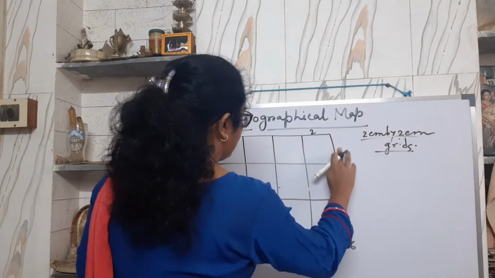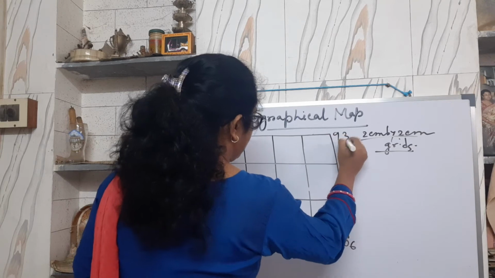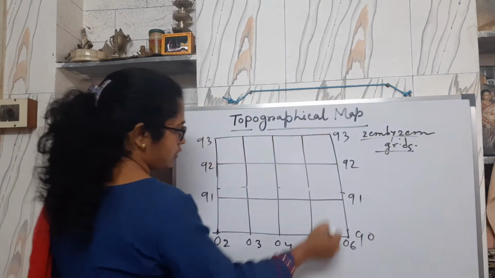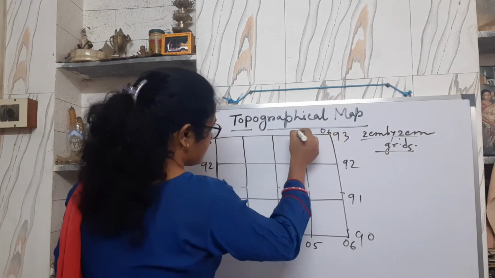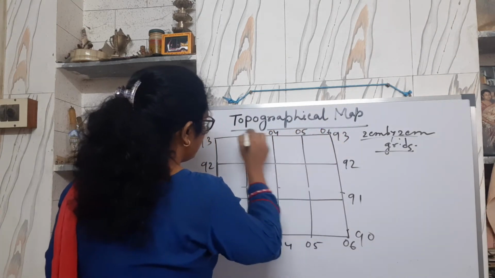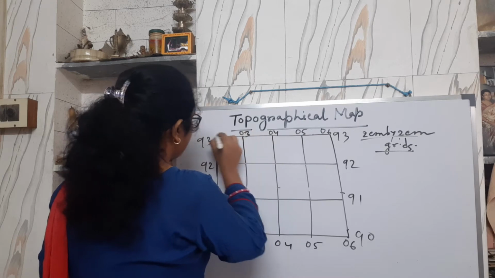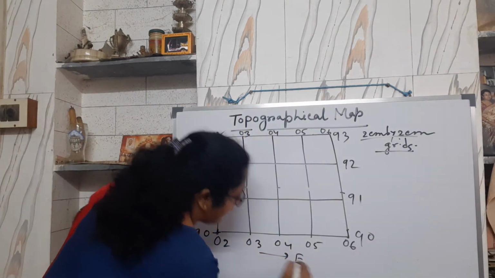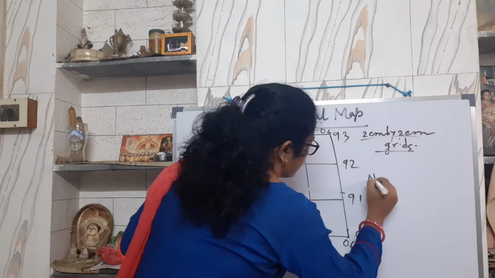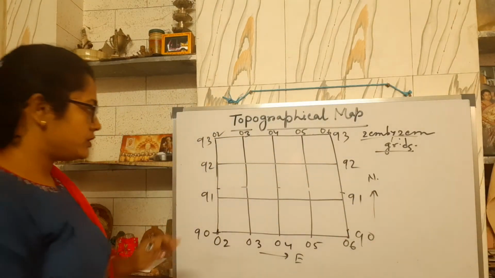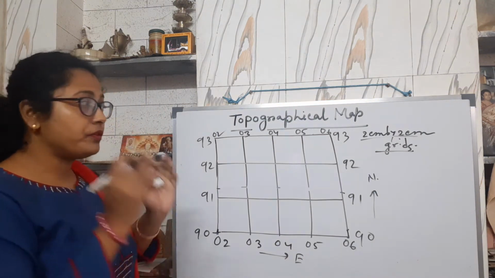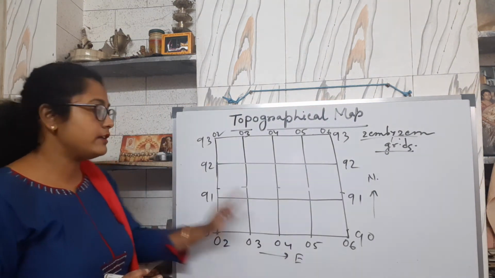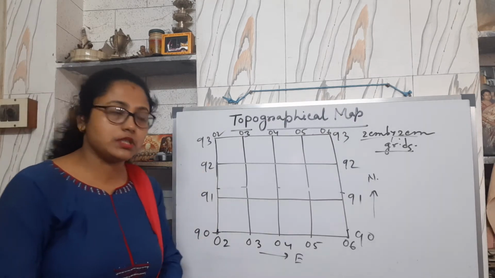This is 93, 92, 91, 90, and this one is 06, this one 05, 04, 03, 02. Clear? So these are called eastings and these are called northings. Up to this it is clear. Now for the 4-figure grid reference, that means 2 figures from eastings and 2 figures from northings you have to take.